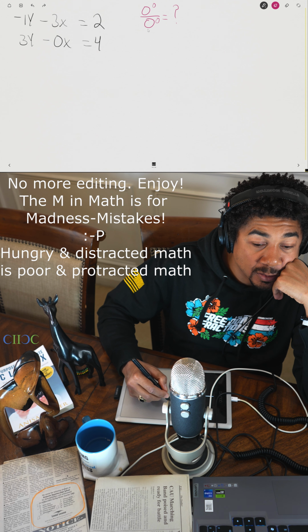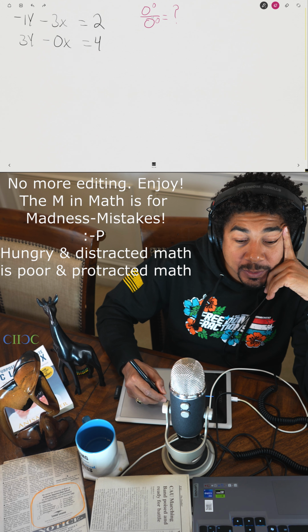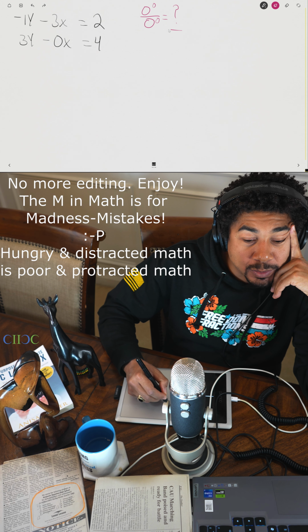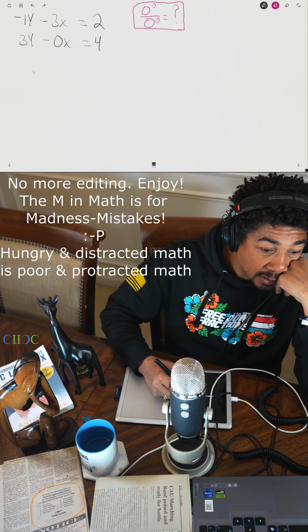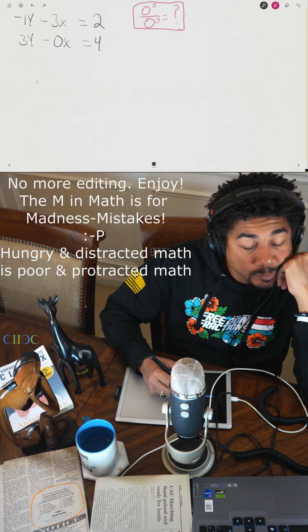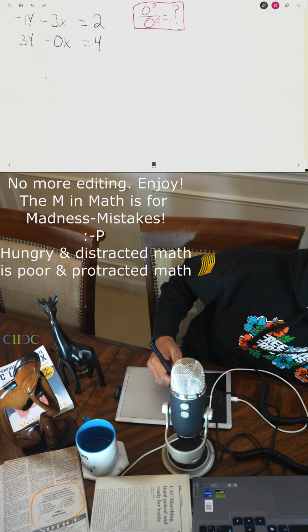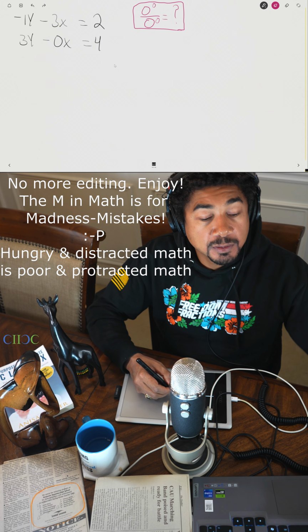Because anything to the 0 power is 1. Is this 1 or is this 0? Anyway, moving on forward over here. So what we're really going to end up with is 4/3 is y.